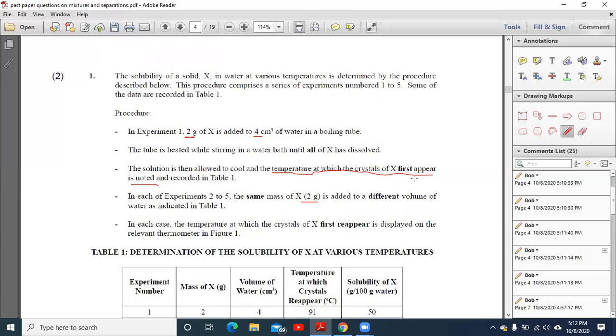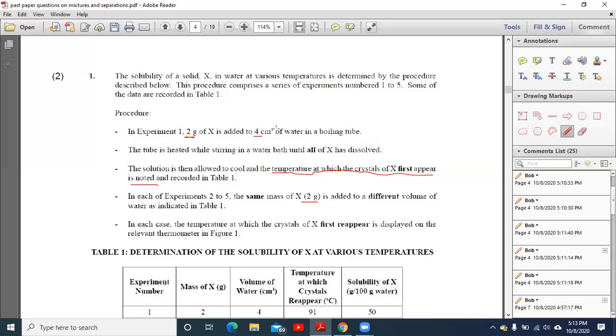So what essentially is happening at the start of the experiment, you are dissolving a particular mass, 2 grams of your solute X in 4 cm³ of water. You're heating to do so, because what we know about solubility is that solubility increases, or it's easier to dissolve your solute at higher temperatures.